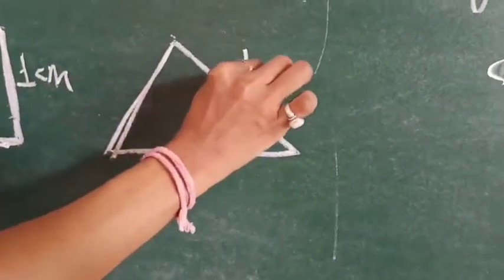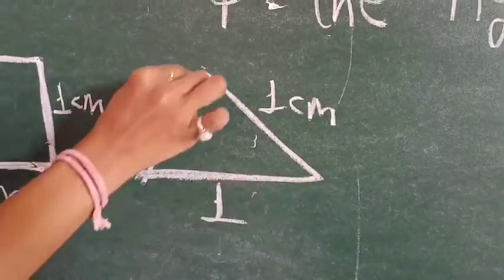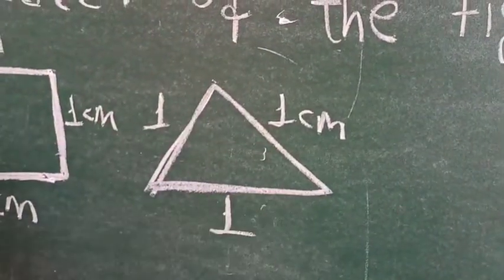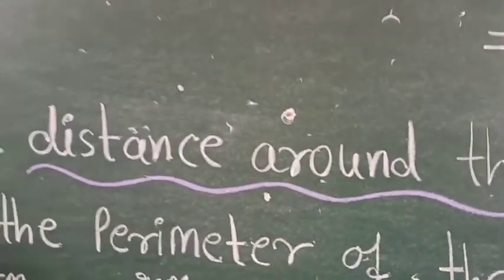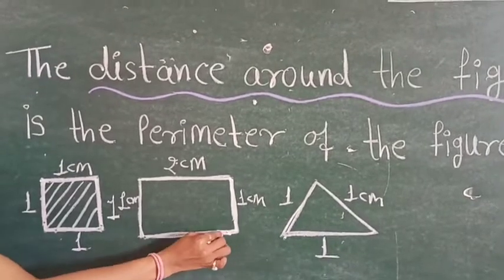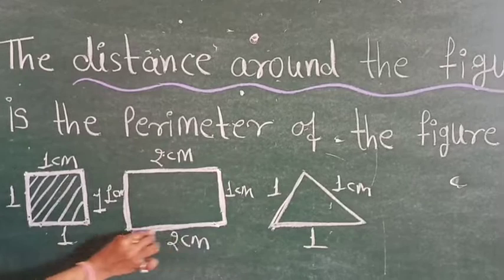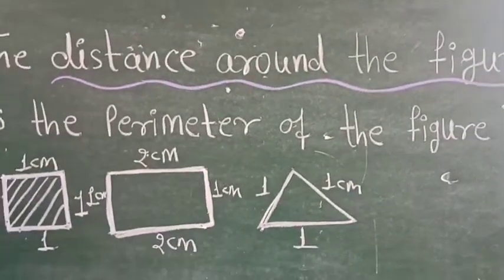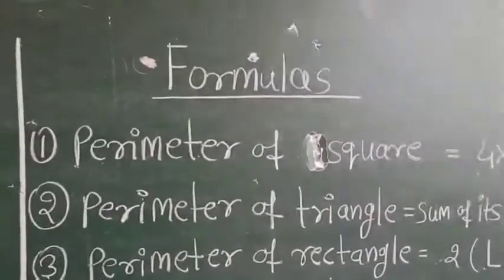This is 1 centimeter. It means all sides are 1 centimeter. When you add all these, this is your perimeter. So this is clear for you. For any figure, you have to add all the sides and you get the perimeter. After this, you can see some formulas.